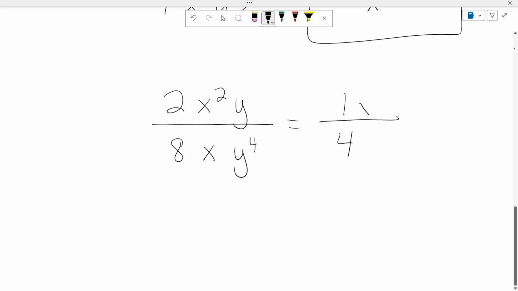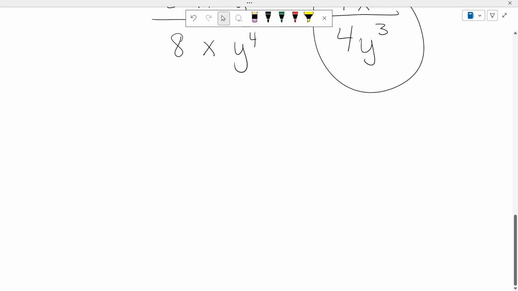X is on the top, Y is on the bottom. 2 minus 1 is 1. When there's a 1 as an exponent, we don't write it down. 4 minus 1 is 3. So this is how we write it: 1x over 4y cubed.